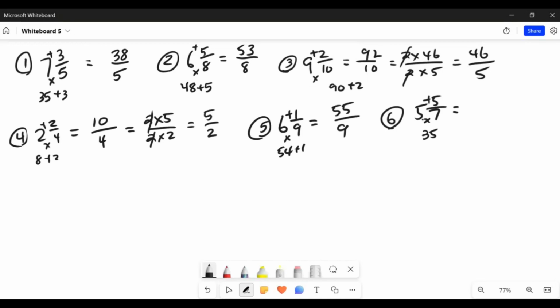Then we add 5. That gives us 40/7. Make sure that you see that that denominator is 7. Okay. All right, we're going to skip a little bit, and we're going to go down to the next section.